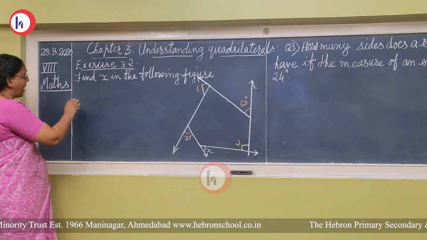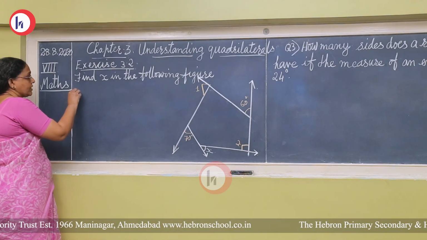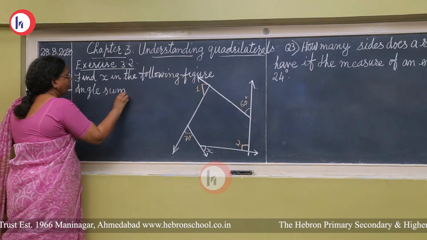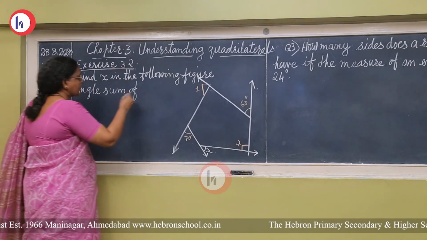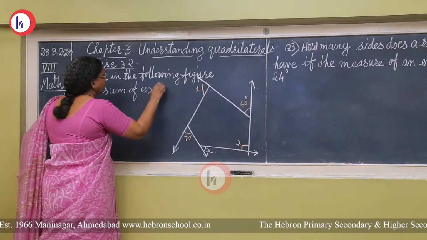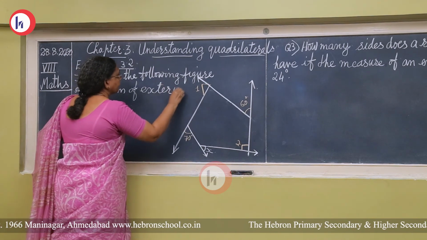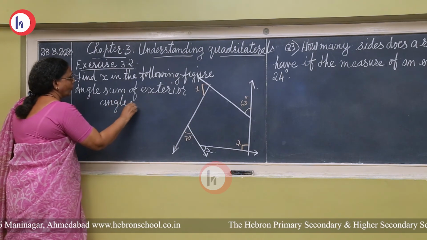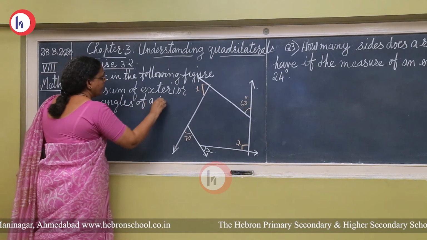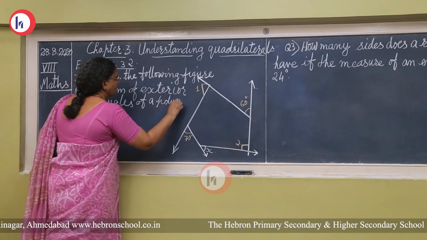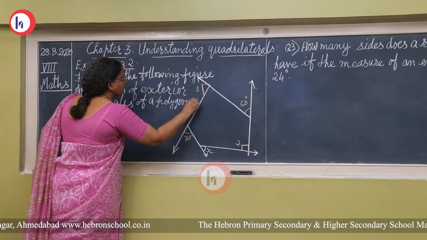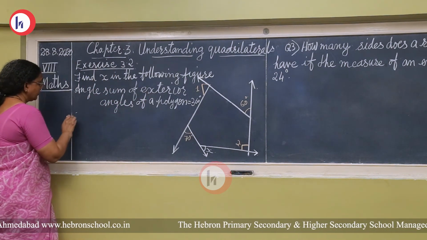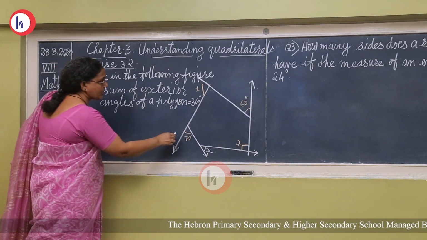For that, first we will write the angle sum, that means the total angle. Angle sum of exterior angles of a polygon is equal to 360 degrees. Therefore, before that, first all the angle measures should be found.